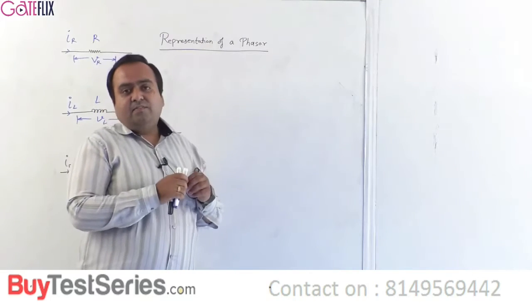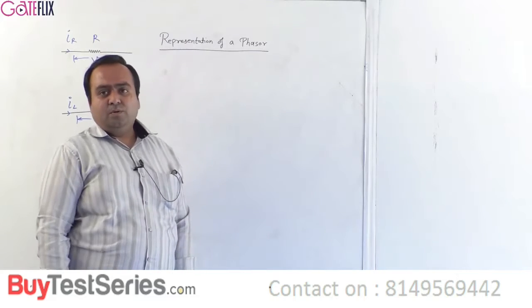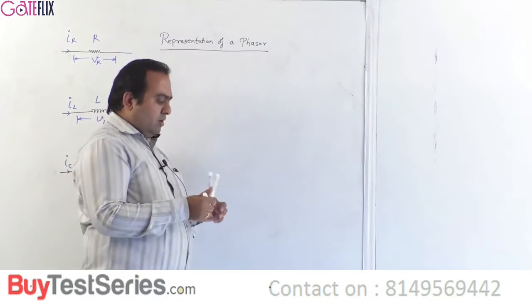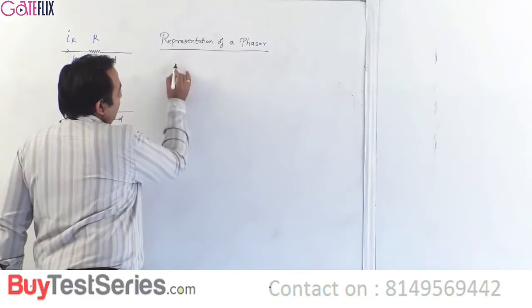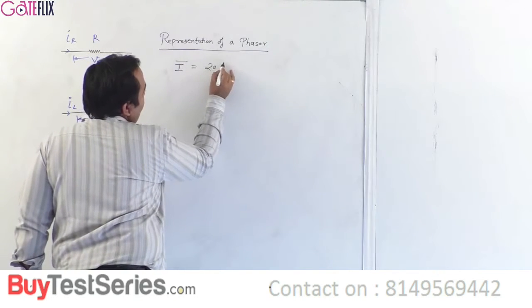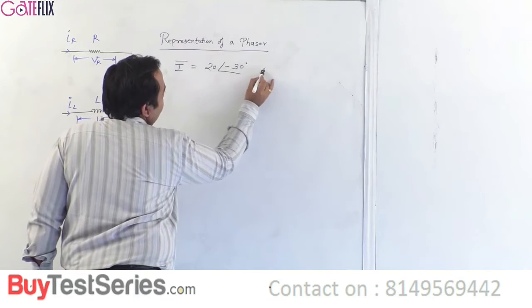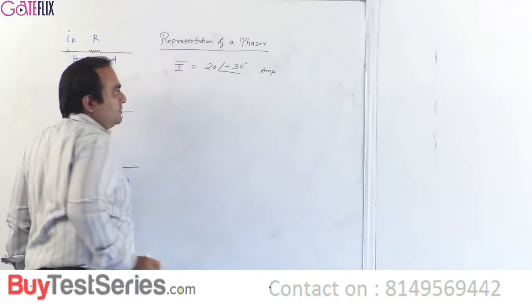As I said, every phasor has some angle and some magnitude. Alright, so if you have some current, say 20 angle minus 30 degrees amperes, something like this.